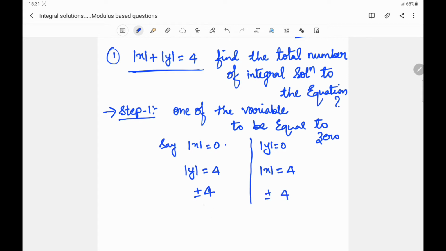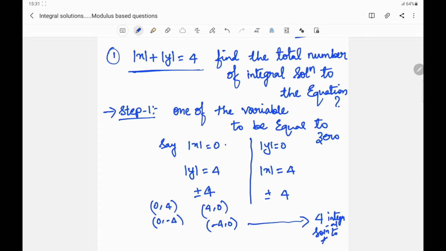So in total we have (0, 4), (0, -4), (4, 0), (-4, 0). So total till now we have 4 integral solutions to this equation.